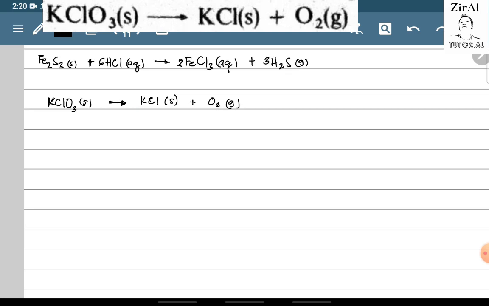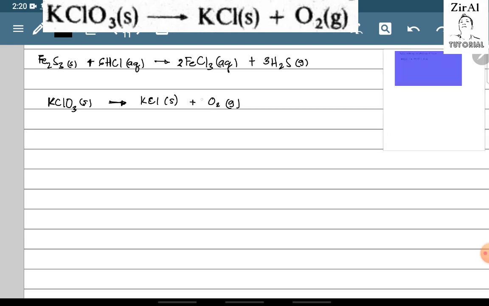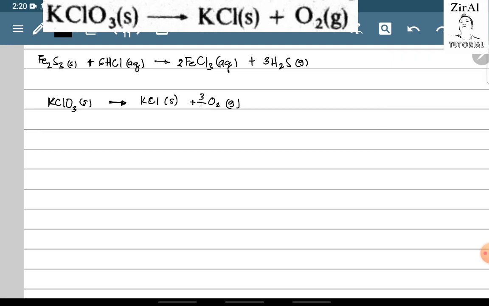In order for it to meet, it is simpler to have 3 over 2 and then multiply the whole equation by 2. So you multiply O2 by 3 over 2, and the right side would now have 3 atoms of oxygen because you multiplied 2 times 3 halves.